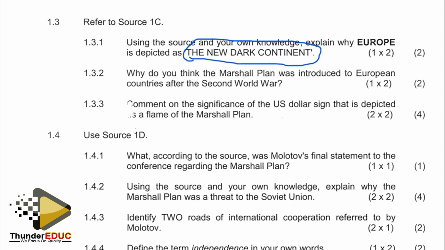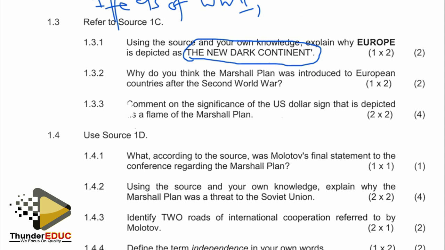Right. The implication here is that Europe is regarded as a dark continent because European economies were devastated by the Second World War. Because of the impact of the Second World War, Europe was no longer performing the way it used to do. So it was regarded as a dark continent because of the crisis that it was going through. Life was no longer rosy, life was no longer lit.